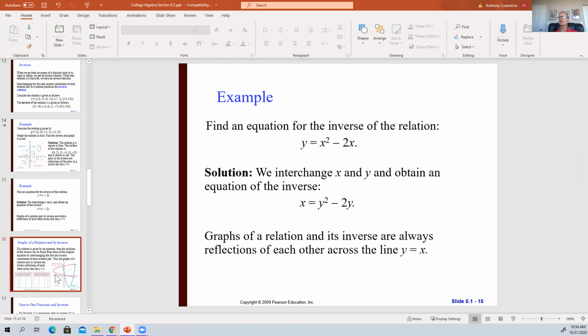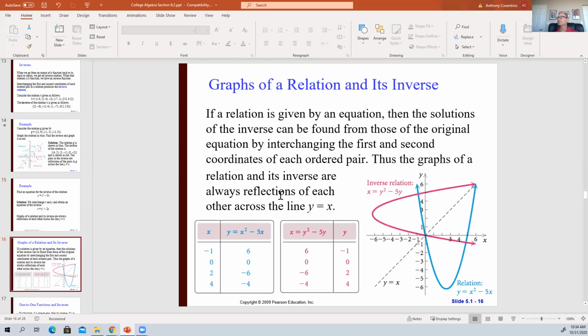And the idea is, what do those two graphs look like? Well, the blue graph is our original equation, y equals x squared minus 5x. And you can see that the red graph is x equals y squared minus 5y.